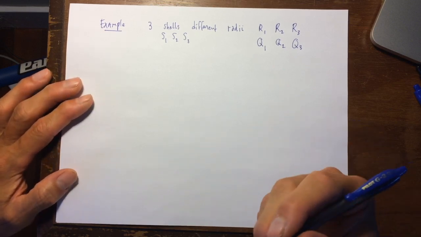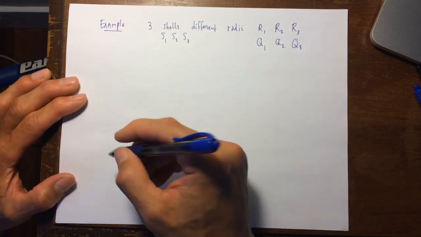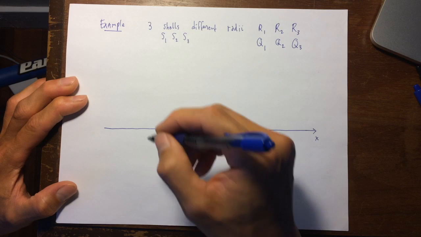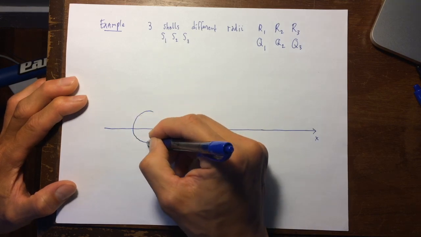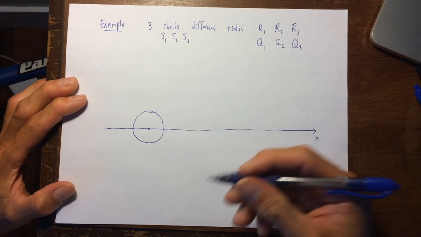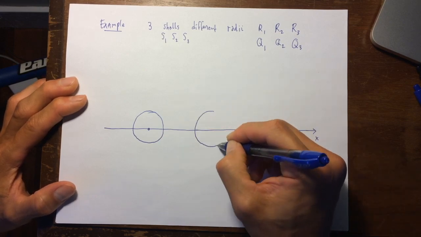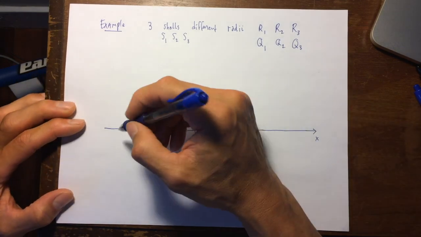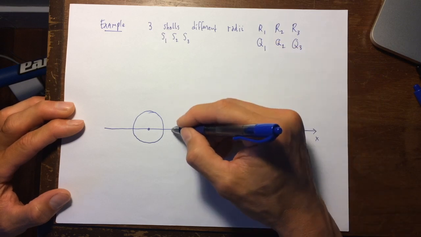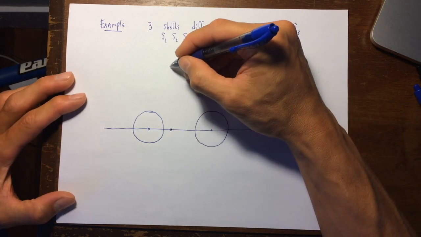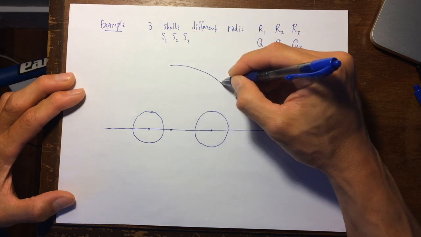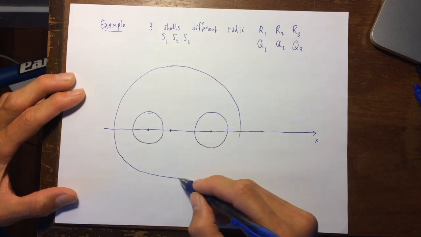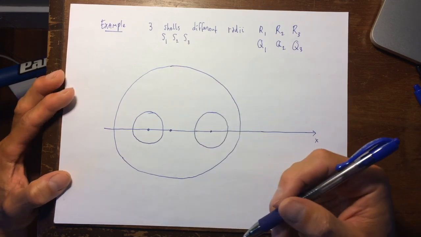And what I'm going to do is distribute the shells in an interesting way. So here is an x-axis, say, and one of the shells is centered on the x-axis. Another shell is centered on the x-axis somewhere else. And then there is a third shell that's centered, say, here, and it actually can consume the other 2 shells. It's just on the outside. So you've got 2 shells that are on the inside of a third really large shell.